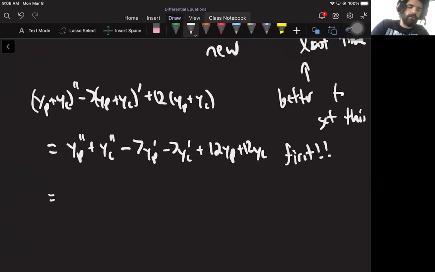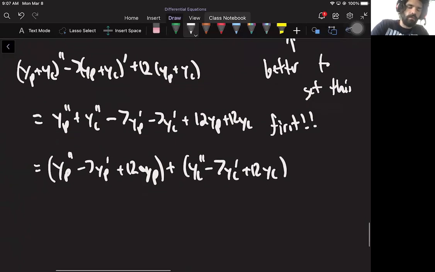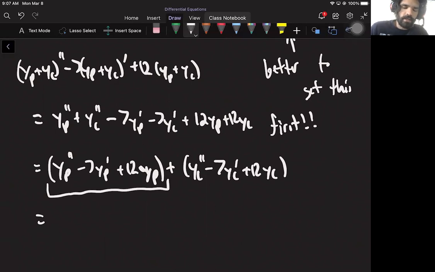And then I could regroup. I could put the particular parts together and the complementary parts together. And then what does this equal? Well, this was a particular solution, so what we showed is that that adds up to 4e to the 2x.